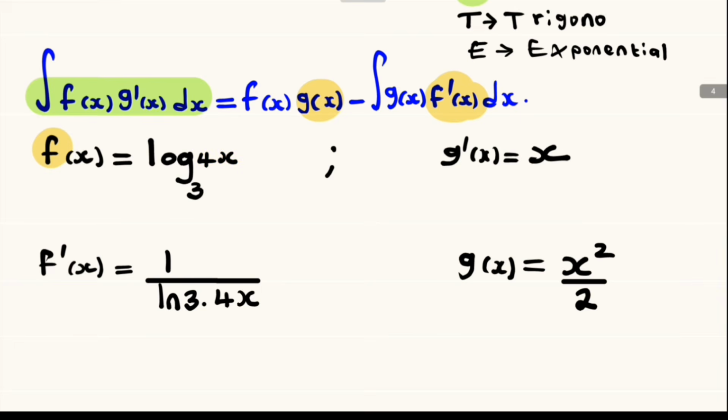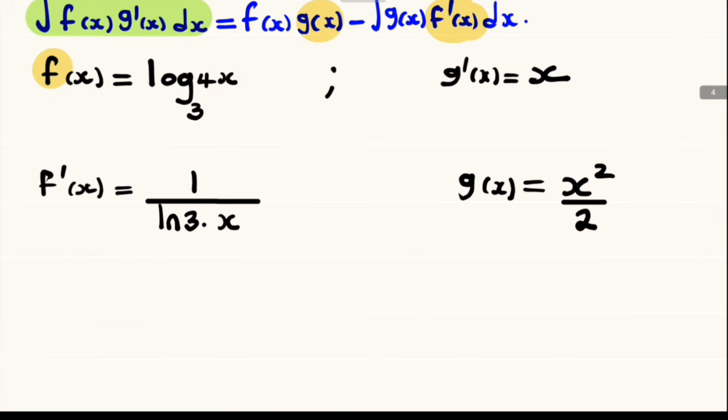The derivative of the 4x is 4, so we multiply by 4, but then the 4 divided by that 4 will be 1, so we can remove the 4 over 4 such that we are left with 1 divided by the ln 3 times x.